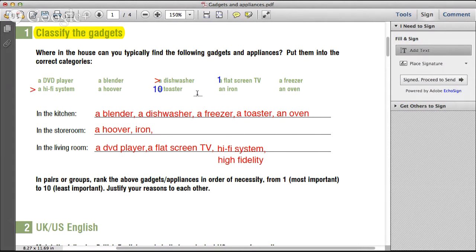It's the secondary important. And the first important object is a freezer, an oven, a dishwasher, a freezer. Okay, a freezer.